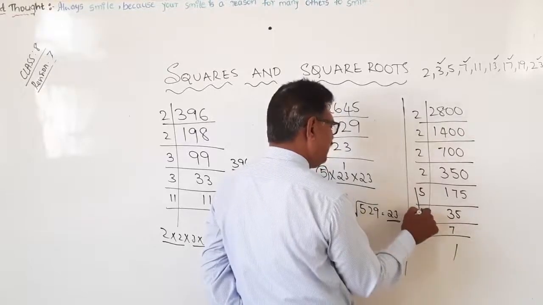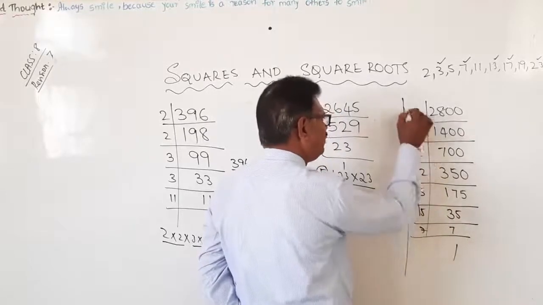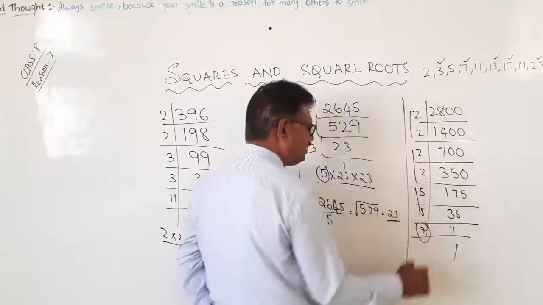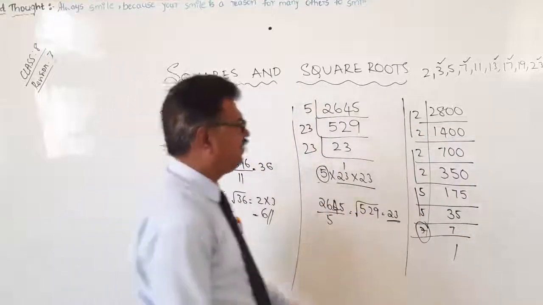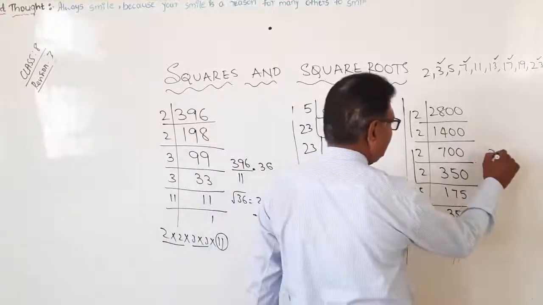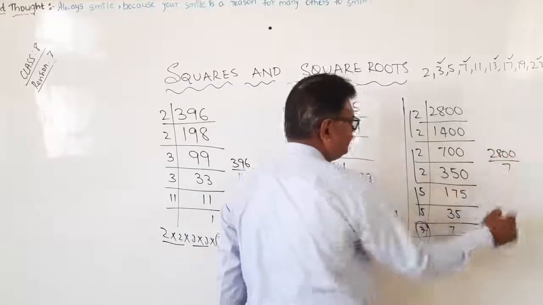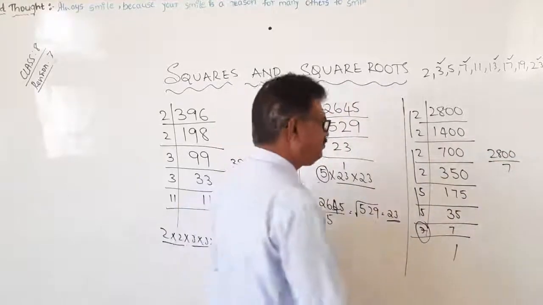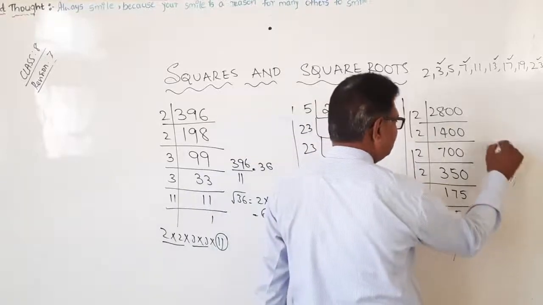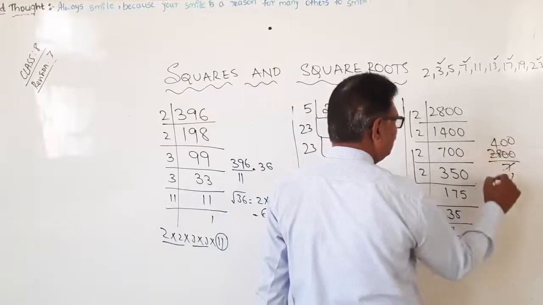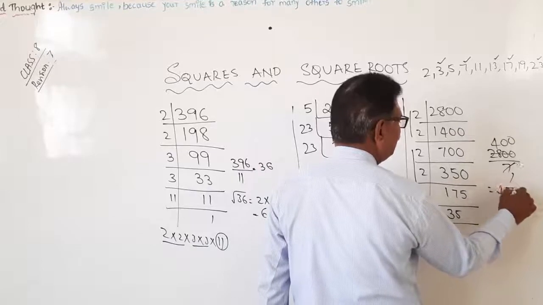Now 5 has a pair, 2 has a pair, 2 has a pair. But which number doesn't have a pair? 7. Therefore the given number should be divided by the same number. That is the excess number. Now 7 ones, 7 fours, 0 0. So it is nothing but equal to 400.